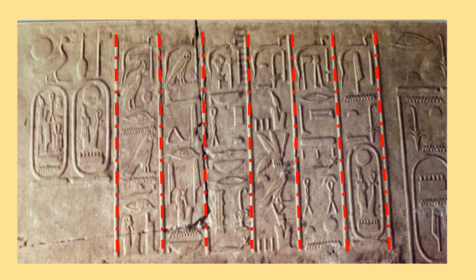So we will approach this by reading each column separately. The first column would give us Geti Nasutin Men Ma'at Ra.